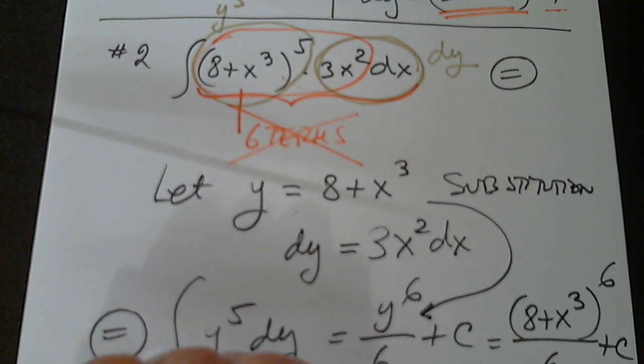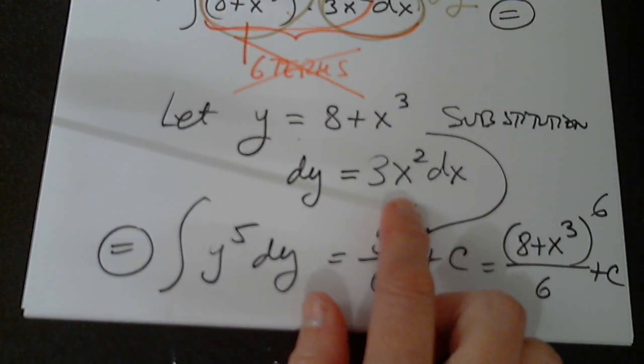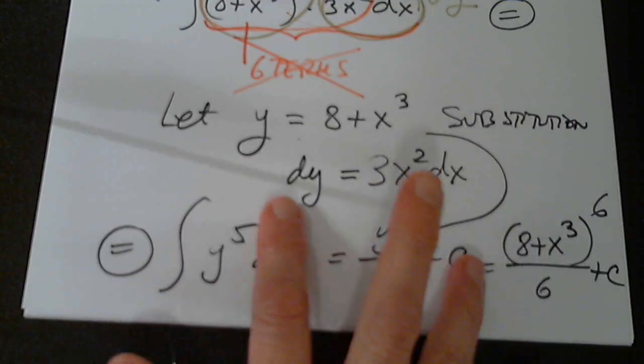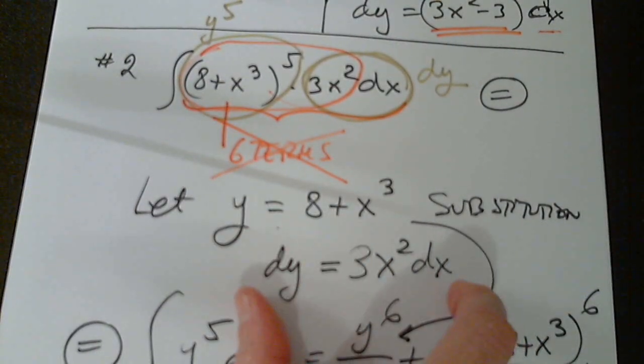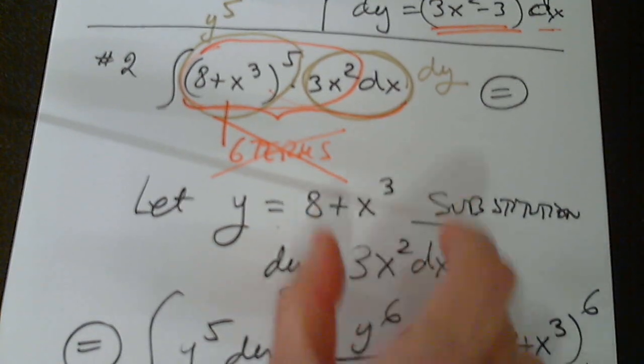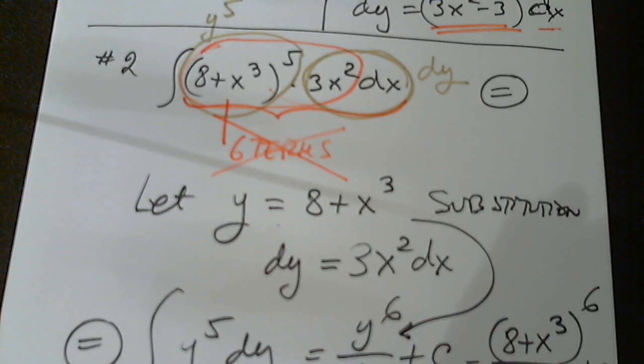I can multiply and divide by 10, multiply and divide by 5, but I cannot make up x squared. But it happened that when we chose the substitution and determined dy, we realized that dy was in the problem. Any questions on this problem before we choose the next one?